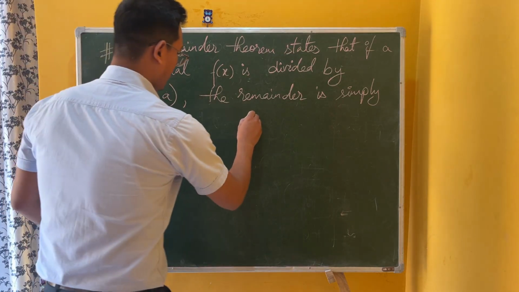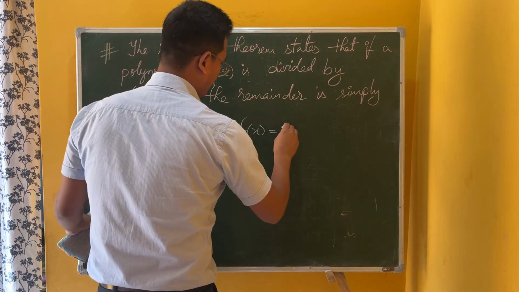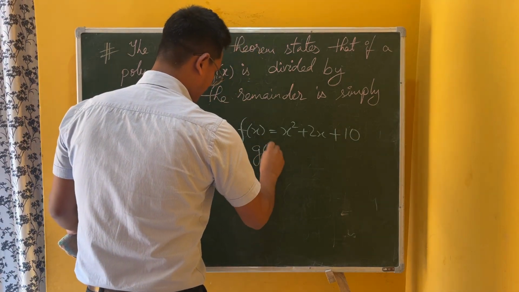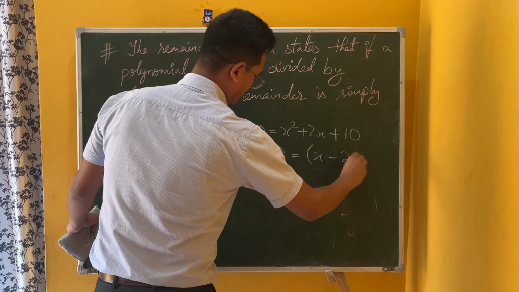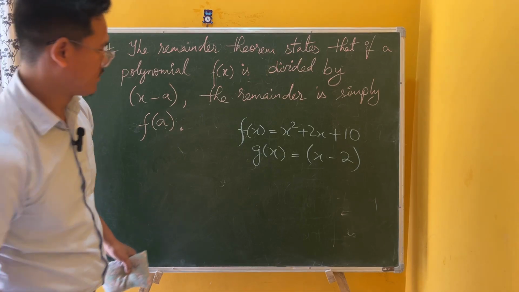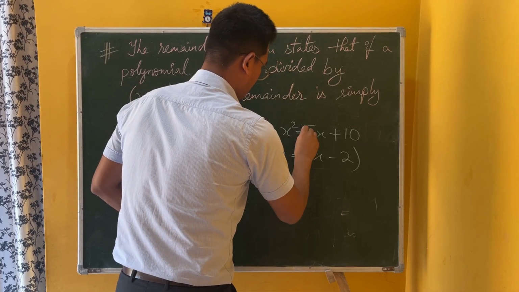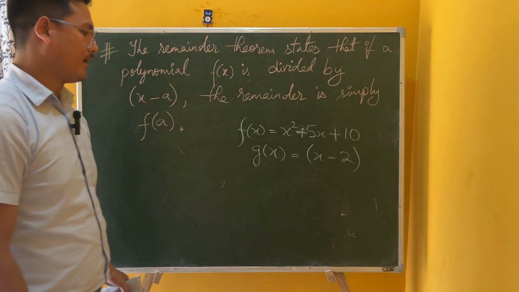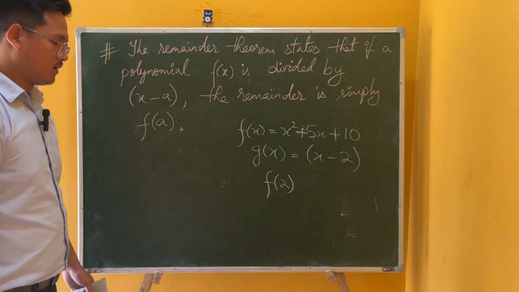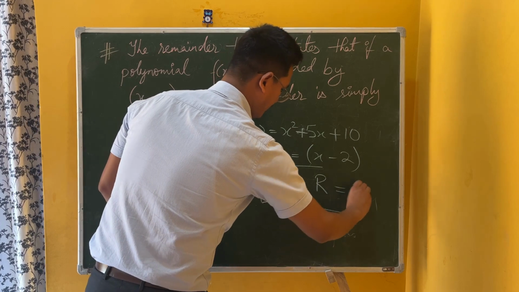We had f(x), which is x square plus 2x plus 10, and g(x) is x minus 2. And we found the remainder by f(2), which is 24.